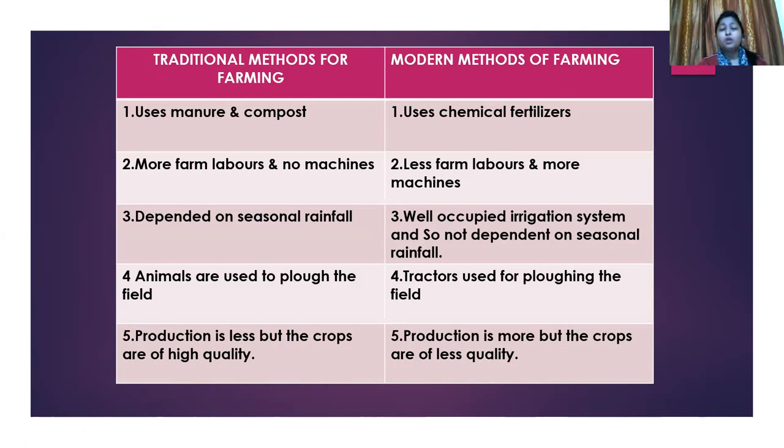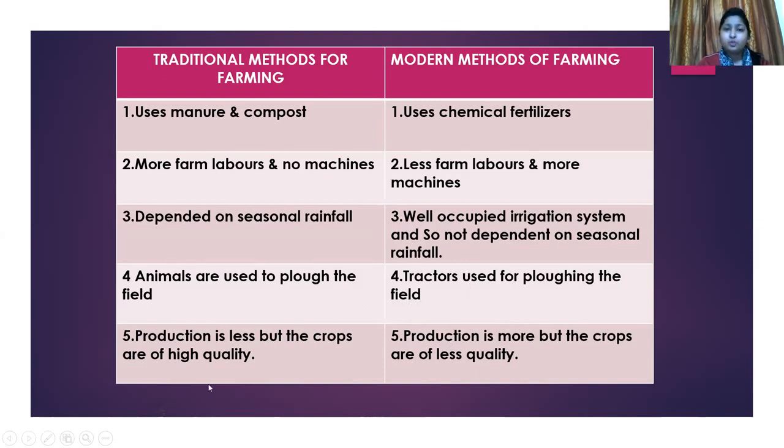But when we are talking about a well occupied irrigation system which is not dependent upon seasonal rainfall, we are again talking about modern methods of farming. Why do we need to irrigate more in modern methods of farming? Because HYV seeds absorb a lot of water. Then animals are used to plow the fields, whereas tractors, you have seen that animals have been replaced by machines, that is tractors.